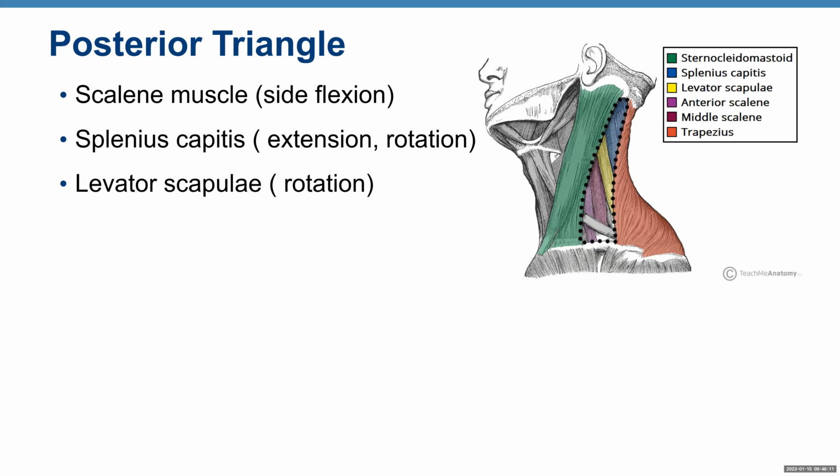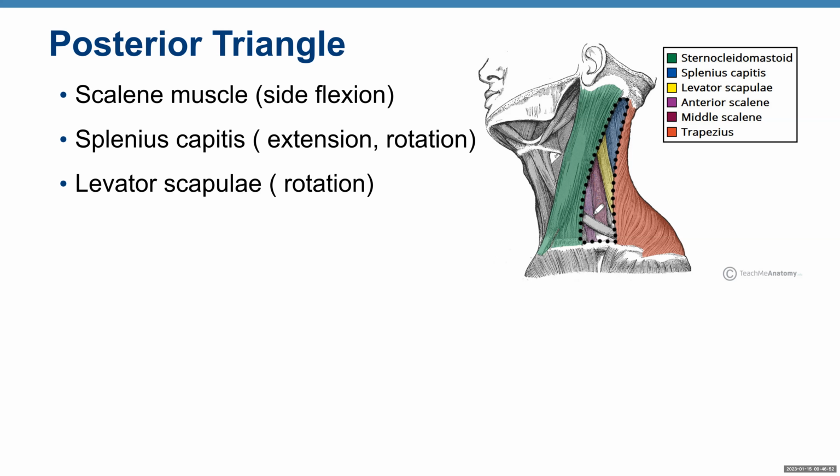Posterior triangle: scalene muscles, side flexors, so they laterally flex your neck. We have anterior, middle, and posterior scalene muscles. So you have anterior here, middle, and we cannot see posterior scalene on this diagram, but anterior and middle scalene are right there.